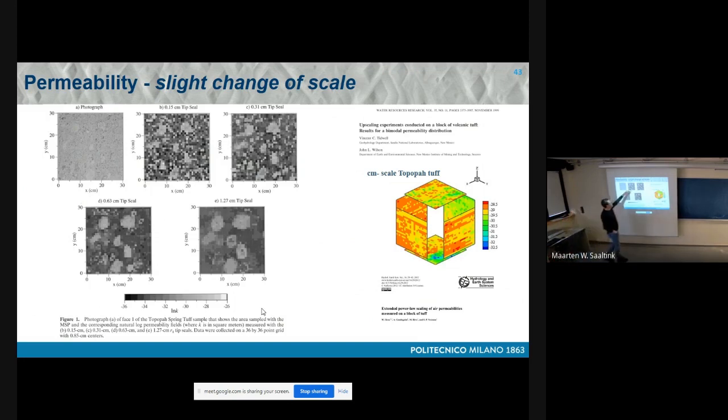So these are air permeability maps on one face with different resolutions of the measurement. And what was interesting to me was that they were essentially showing a system composed of, let me call them, two geomaterials, two different types of materials.